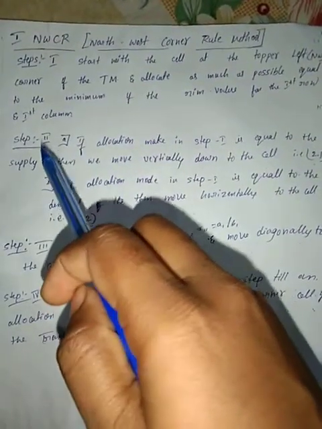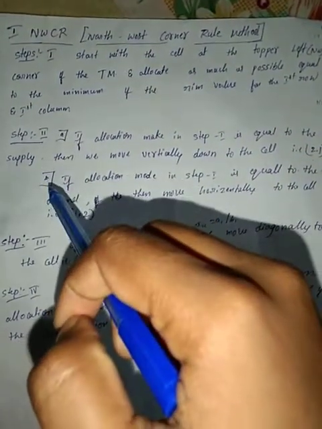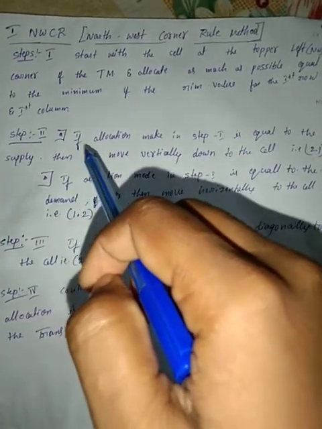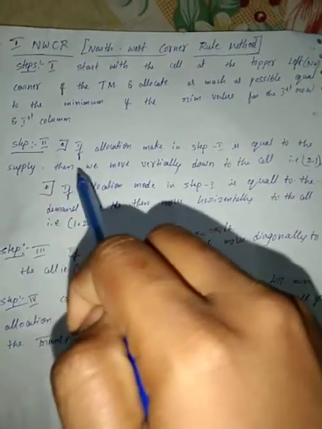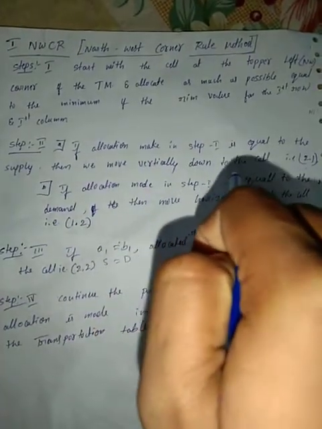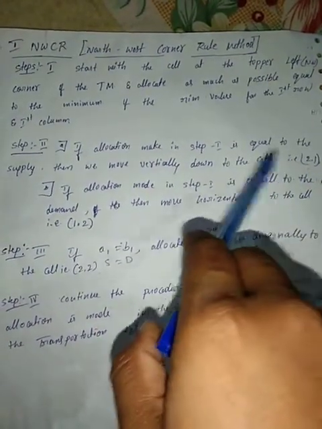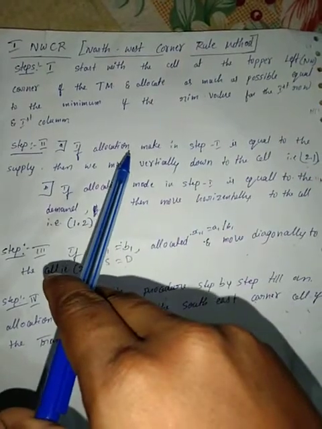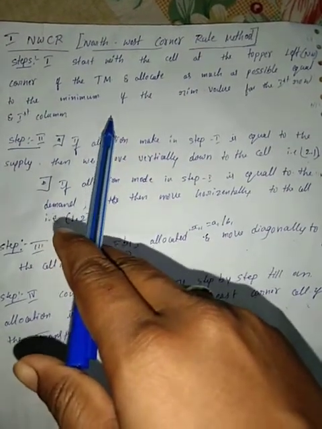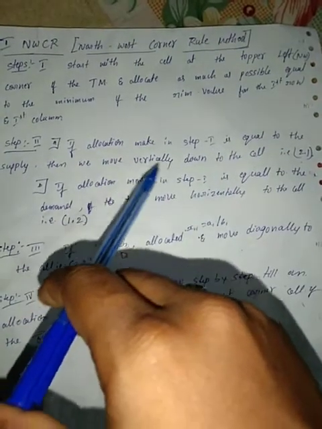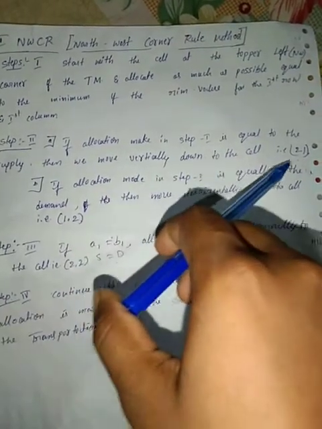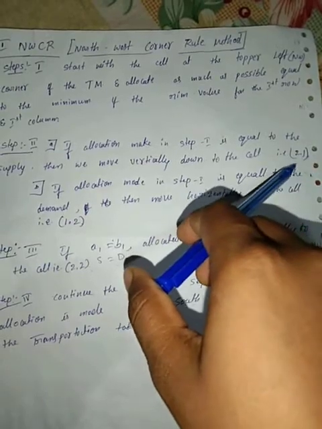Under step 2 there are two cases. In the first case, if the allocation made in step 1 is equal to the supply, then we move vertically down to the cell, that is second row first column.